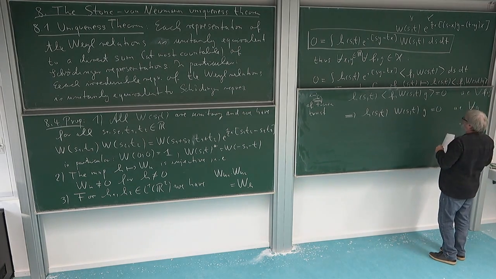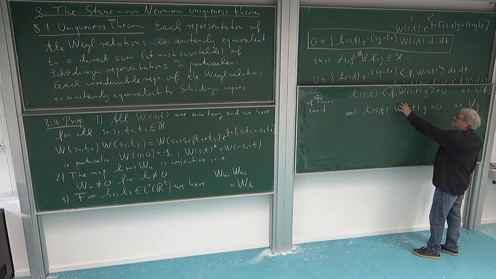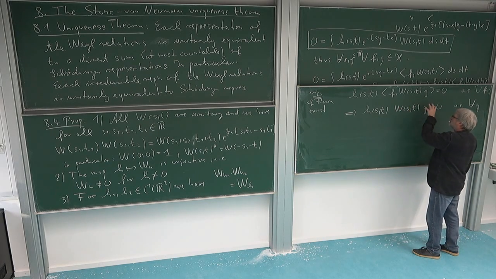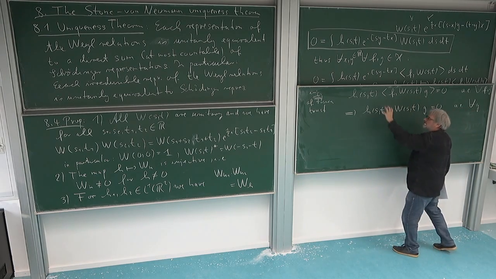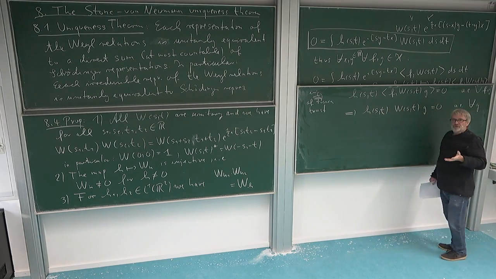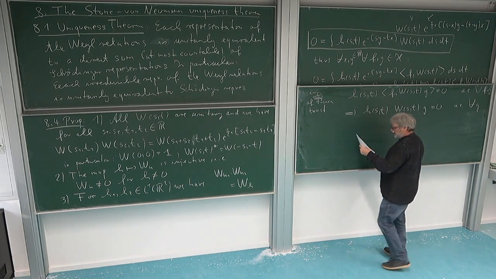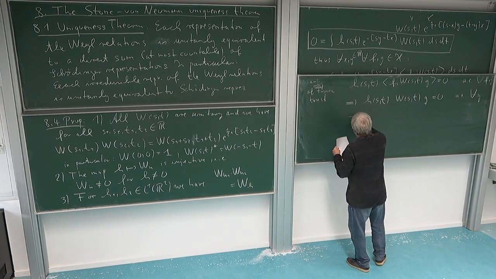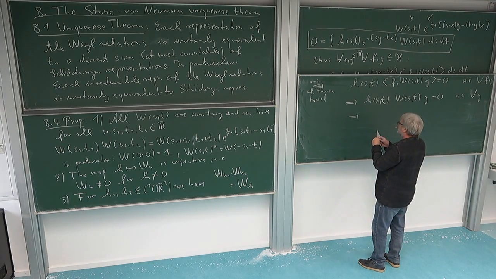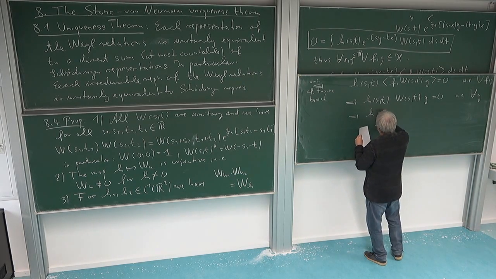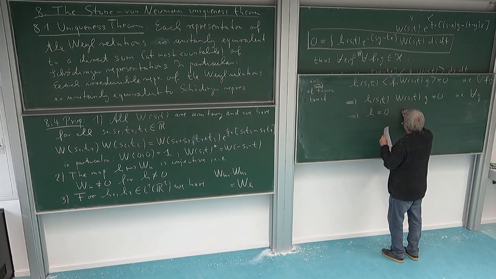And this is true for all g, but now W is a unitary operator, so if g is different from 0, this is a vector which is different from 0, and if this multiple of this vector is equal to 0, then of course h must be equal to 0, almost everywhere. So this means in the end we really have what we want, that h is equal to 0 almost everywhere.